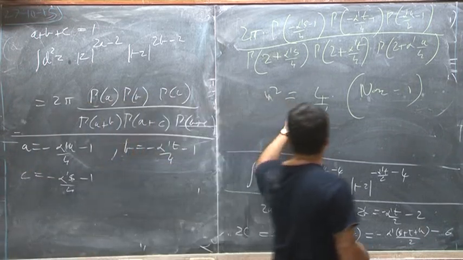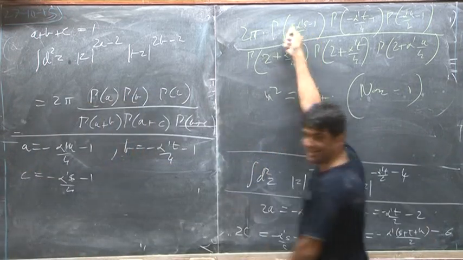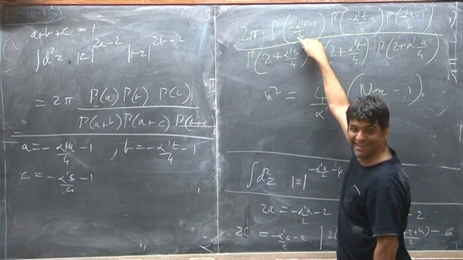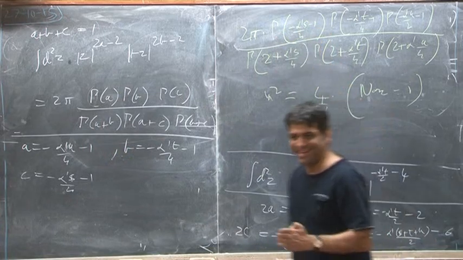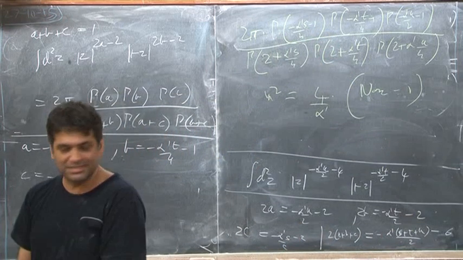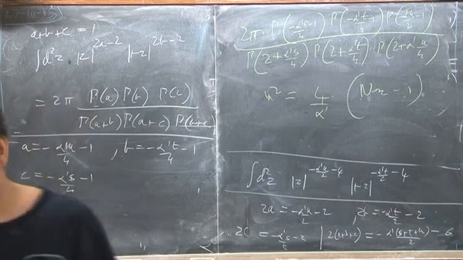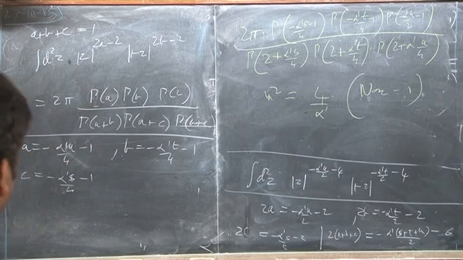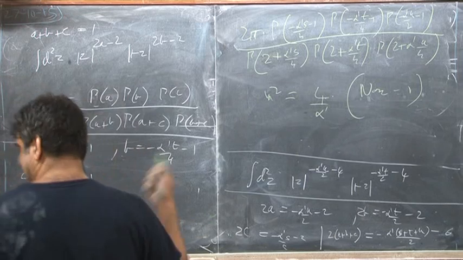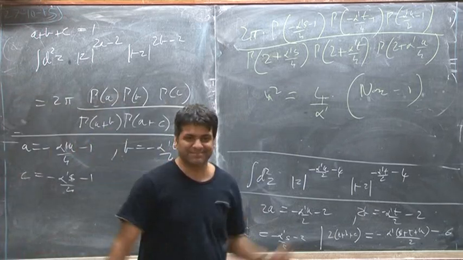That fact is reflected in the fact that the argument is alpha prime s by 4, so that the poles will be precisely at the locations of closed string states.